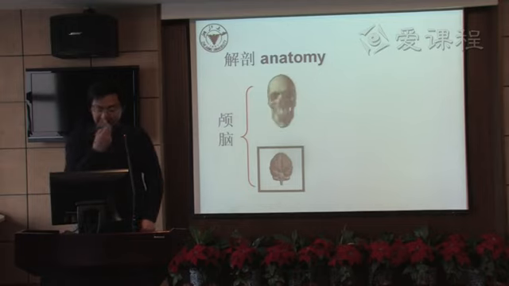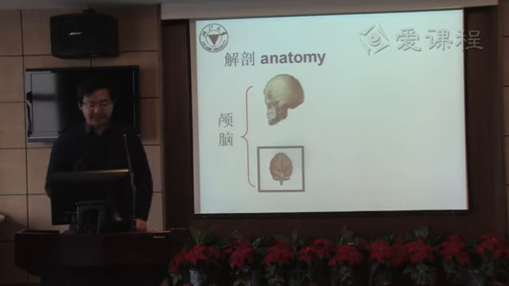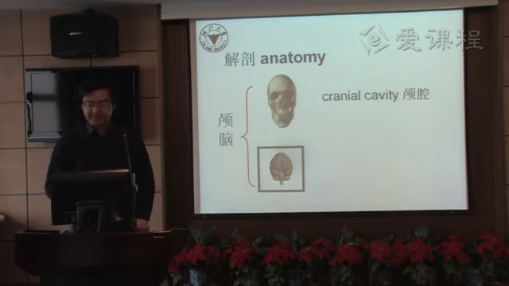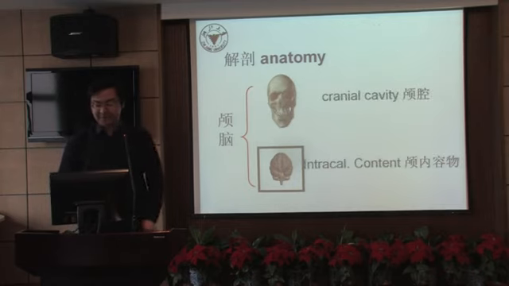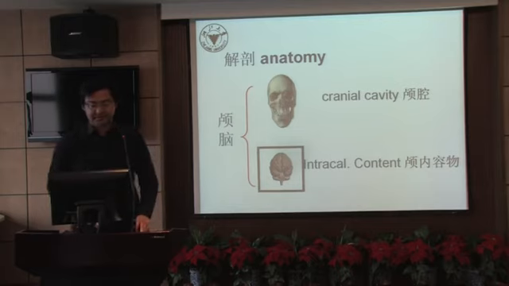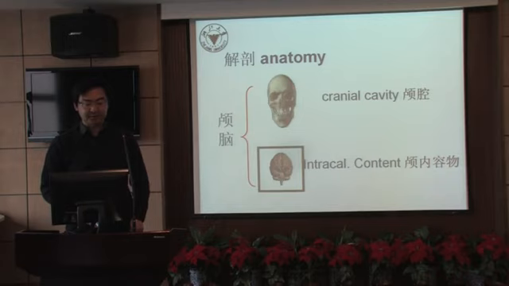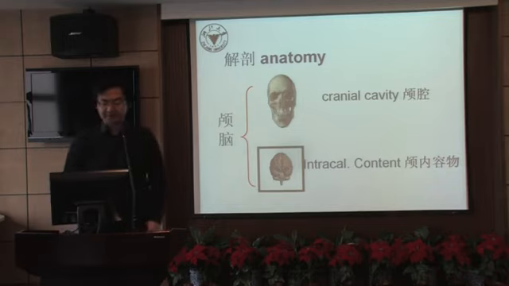As we know, the cranium includes the cranial cavity and intracranial contents, which are located inside the cranial cavity. So we should know the anatomy of the central nervous system before we study intracranial hypertension.